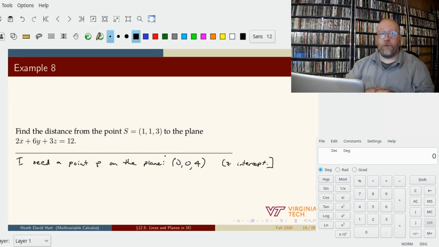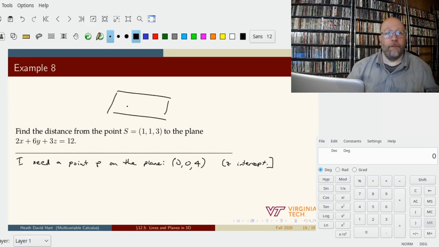Set x and y equal to 0, and then find out what the z-coordinate is. So we have this plane. It crosses the z-axis at 0, 0, 4. And we have this other point, 1, 1, 3.